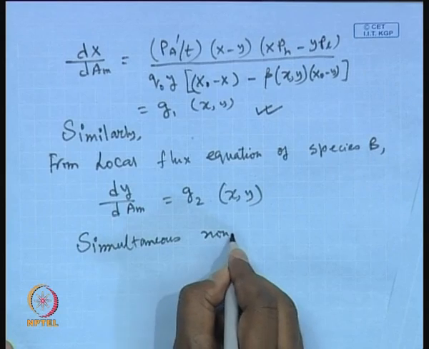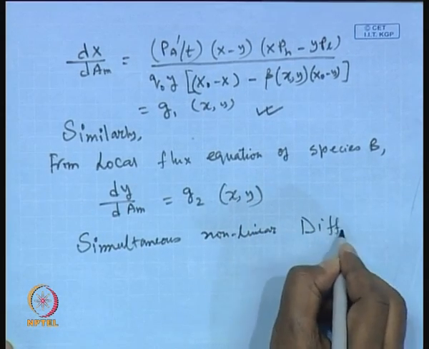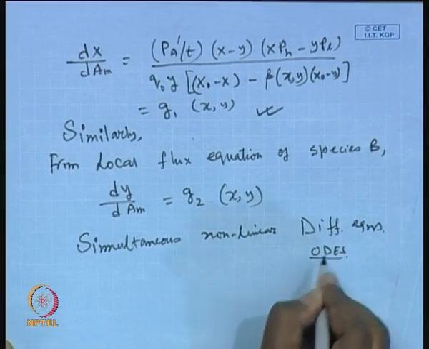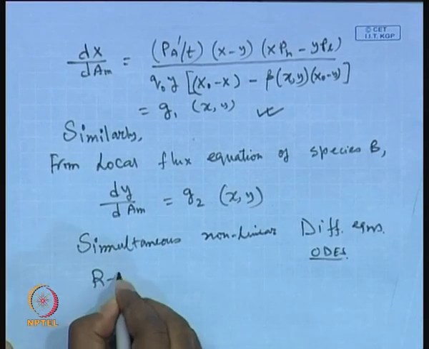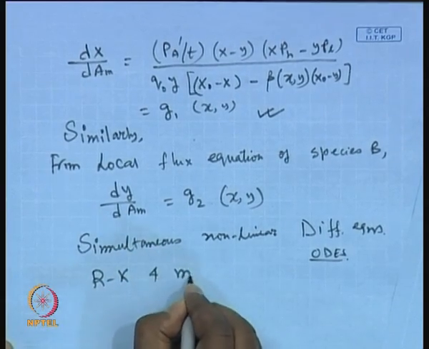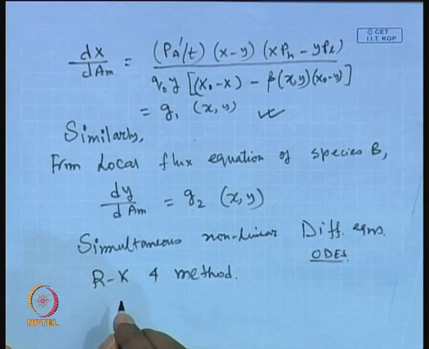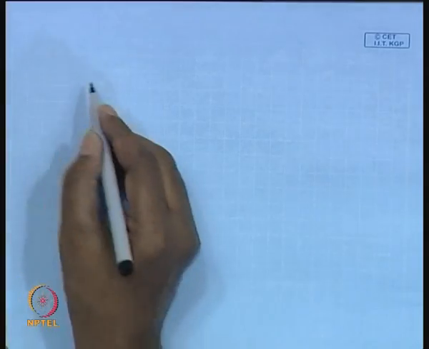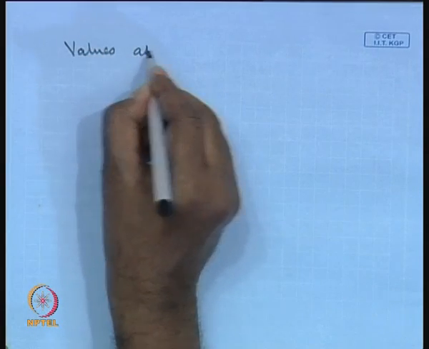In fact, there are ODEs, and you can march forward using a Runge-Kutta 4 method. We can really solve it numerically. Now, you can get different values at the end points. The values at the end points can be obtained by overall balances.